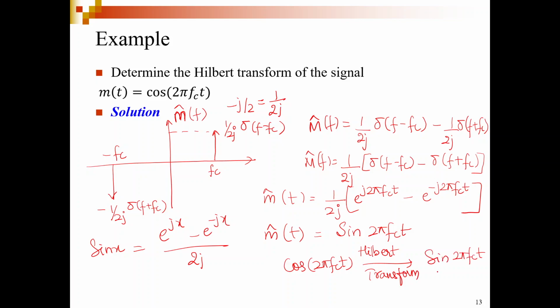This is because cos of 2 pi fct minus pi by 2 is nothing but sine 2 pi fct. So the phase lag of 90 degrees of a cos signal will result in a sine signal with the same frequency. The spectral component remains the same. Only thing is it is phase lagged by 90 degrees.